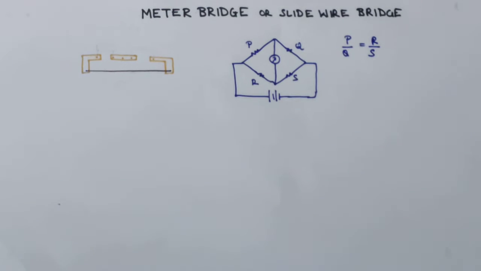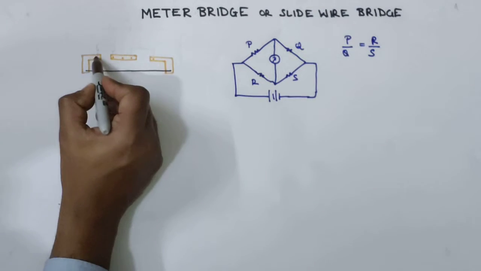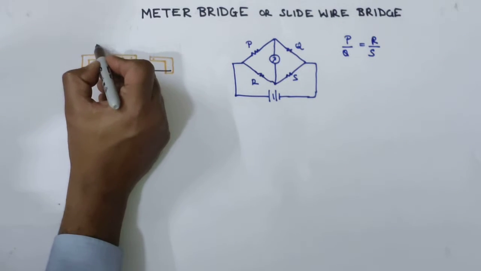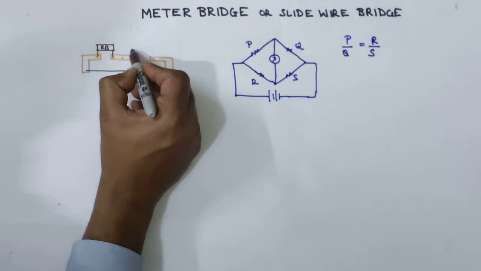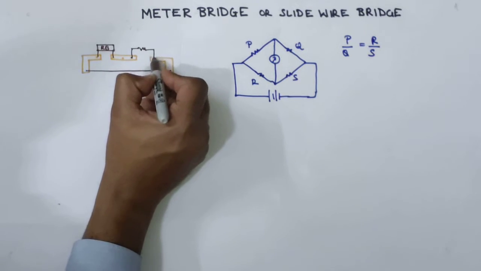Now between these two terminals, that is this and this terminal, one resistance box is connected, and between these two terminals, this and this, an unknown resistance is connected.